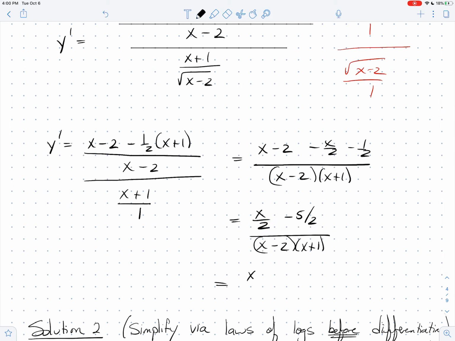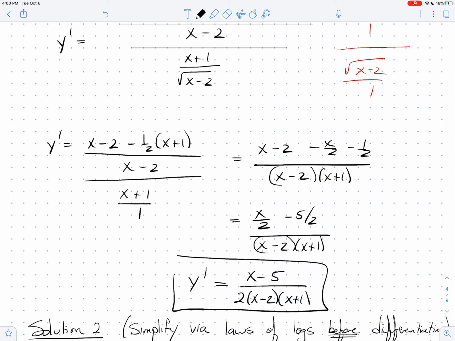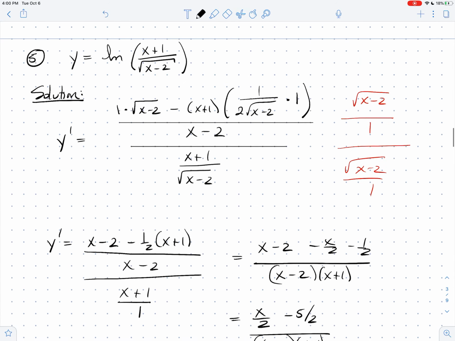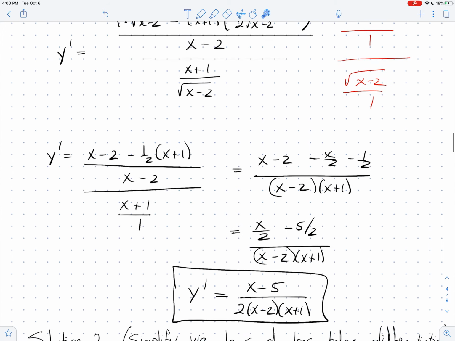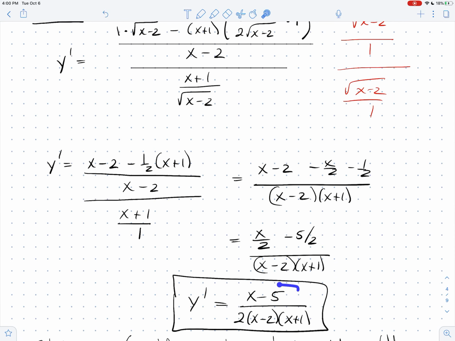I'm going to clean it up and write it as x minus 5 over 2, x minus 2, x plus 1. Oh my goodness. So kind of a long problem. I mean, the initial derivative, I guess, wasn't so bad, but it was pretty hard. And then to simplify this down to a nice answer, which, by the way, it did simplify to a nice answer, but it took a lot of work to get there.